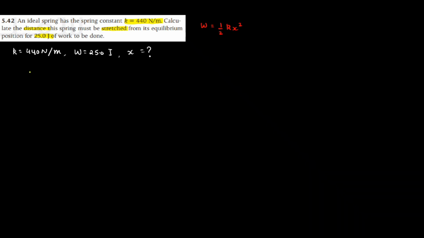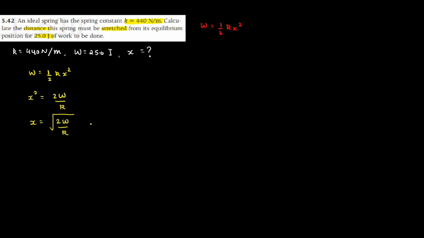We know that work done by the spring is given as half kx squared. If I want to find x, I need to rearrange this term. So we write x squared equals 2W over k, and x will be equal to the square root of 2W over k.